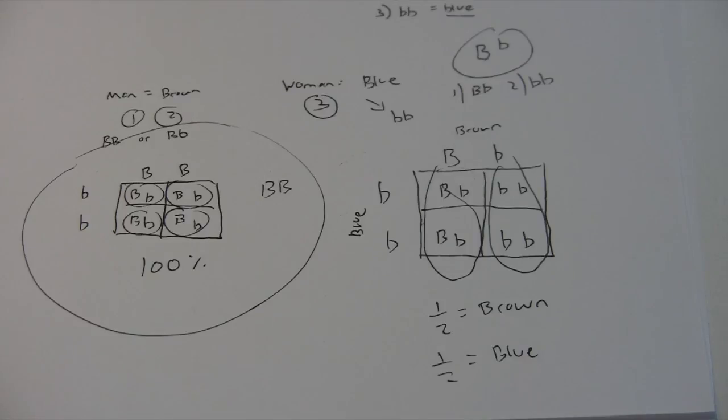There's a chance that all this couple's offspring will be brown, or all will be blue. It's not definite quantification of what these children will have as their genotype. It's simply a measure of probability of what the genotypes of the children will be.